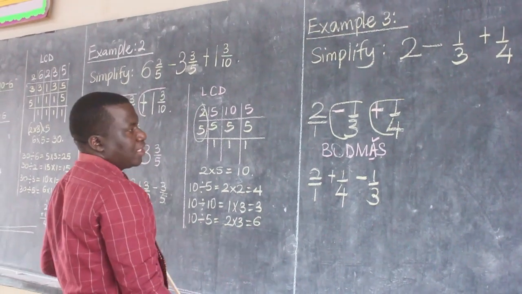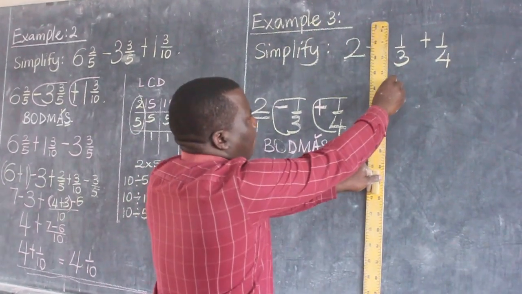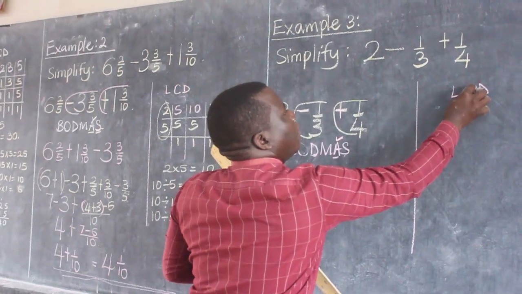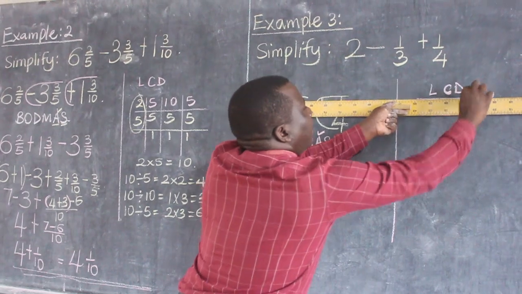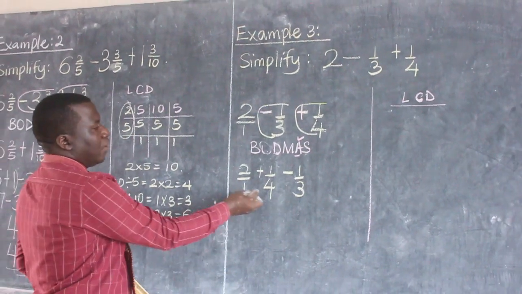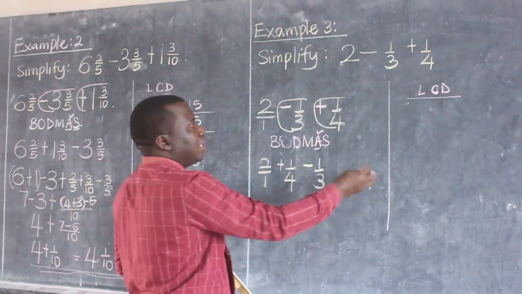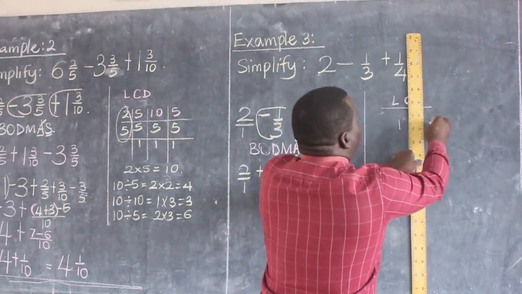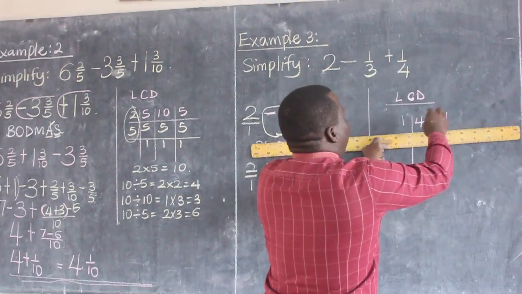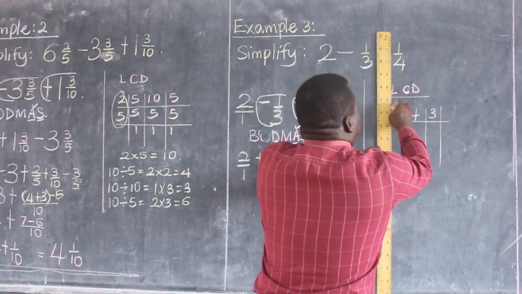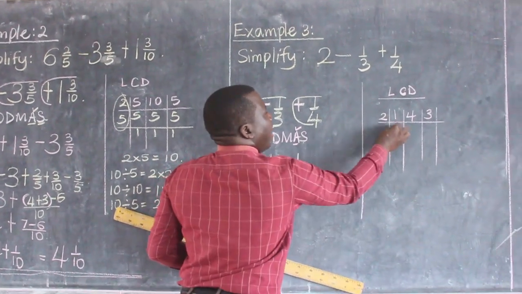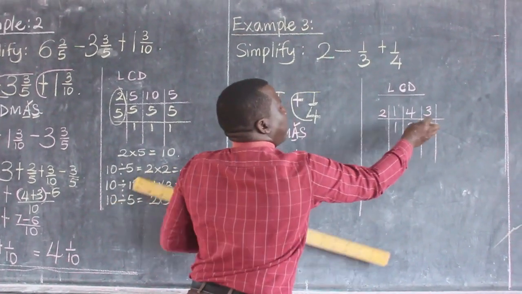So there we shall go direct into finding the lowest common denominator of all these 3 denominators, that is 1, 4, and 3. Okay? I hope you're following. By 2: 1, 2, 3.